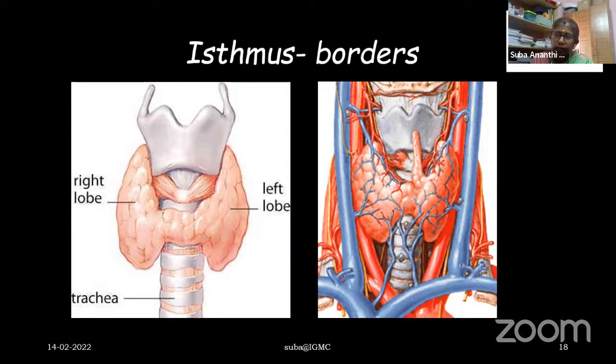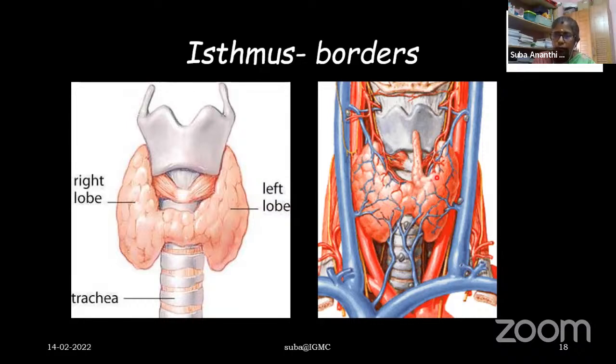So now to this superior border, you can see here the superior thyroid artery as it approaches the apex divides into an anterior branch and a posterior branch. The anterior branch descends along the anterior border of the thyroid gland, comes to the superior border of the thyroid gland, and here it anastomoses with the anterior branch of the other side of the superior thyroid artery.